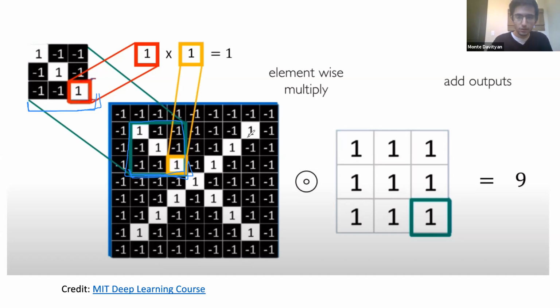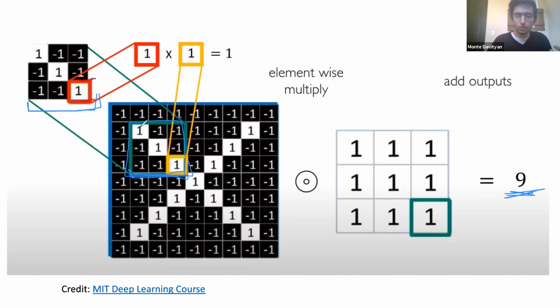And the way it's doing this is just matrix multiplication, but it's kind of a dot product actually, because we get a single output. And this single output is the output of our specific neuron in a specific layer. This single output is dependent on the pixel data and the weights that are learned.